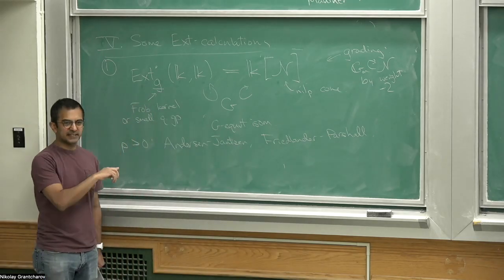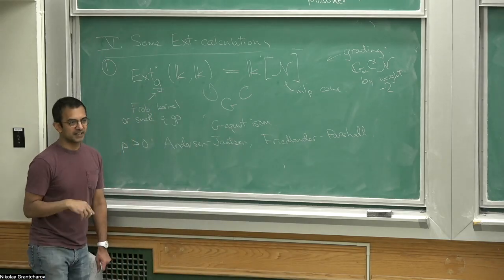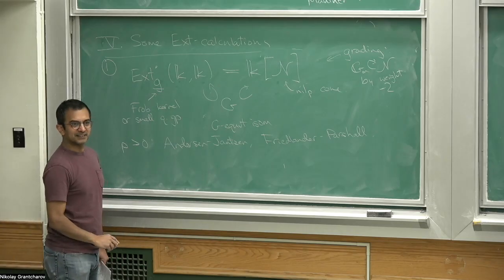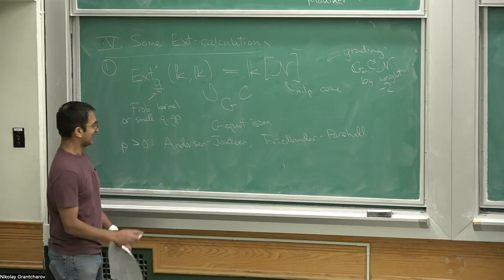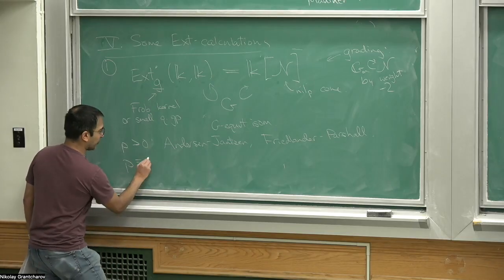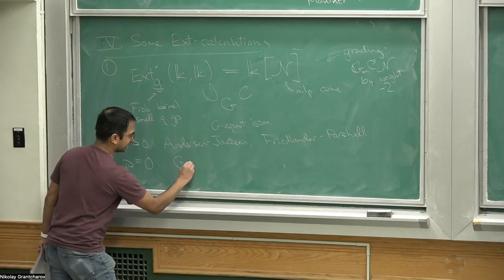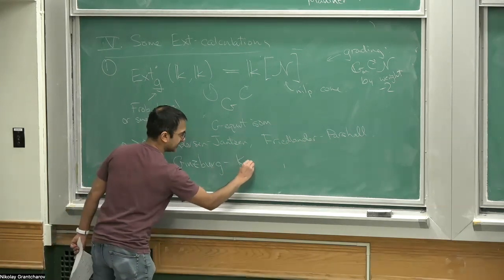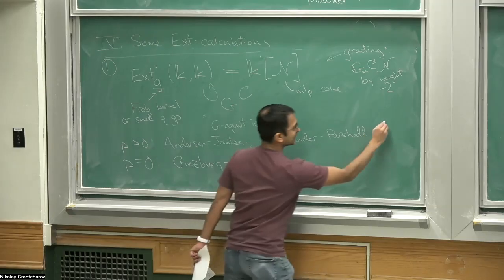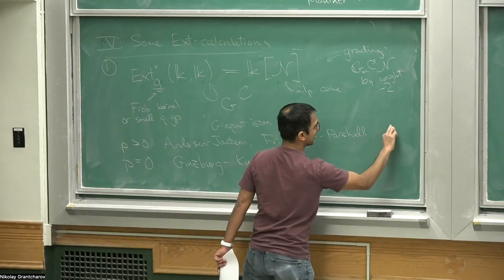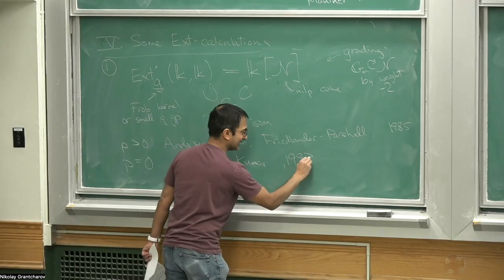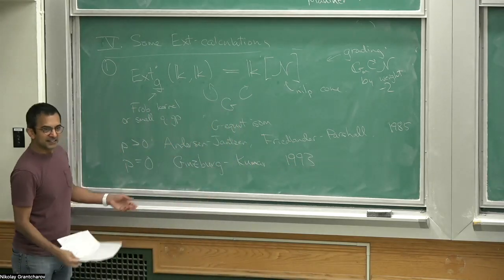One of them came slightly first, and one of them has slightly weaker hypotheses, and I never remember which. I think the proof is still the same. And then the quantum group version is due to Ginzburg and Kumar. So this was like 1985 or so, and this is I think 1993 or so.